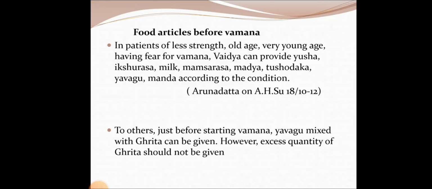These are the food articles just before Vamana. For Akantha Pana, we give Yusha, Ikshurasa, milk, Mamsarasa, Madhya and so on to such persons, any one of these food articles.